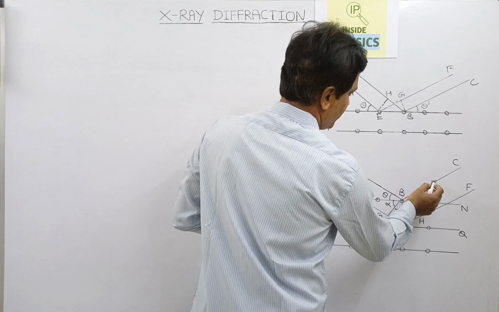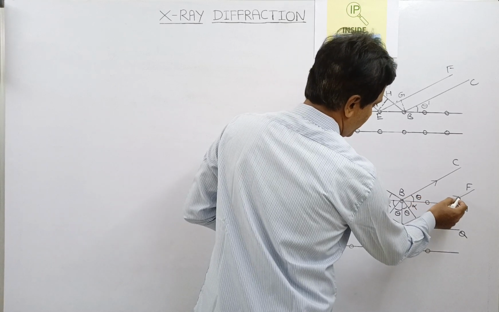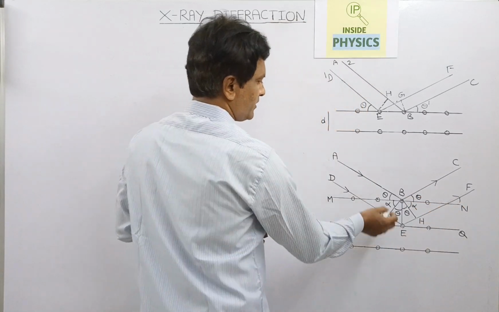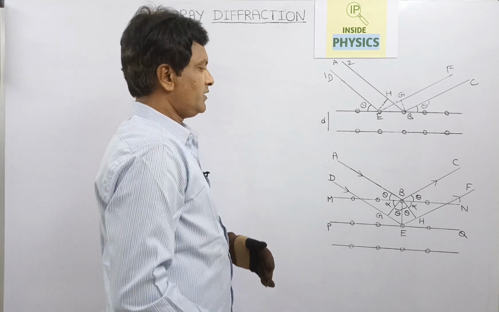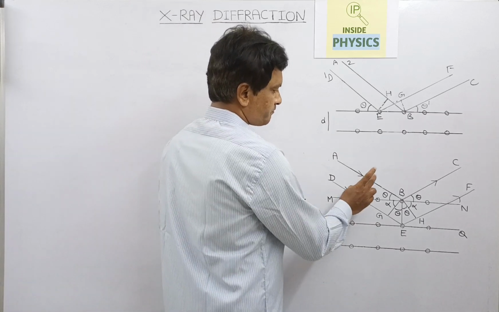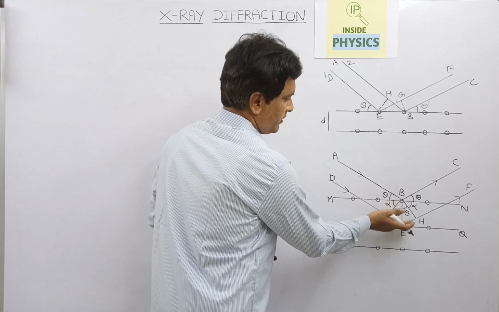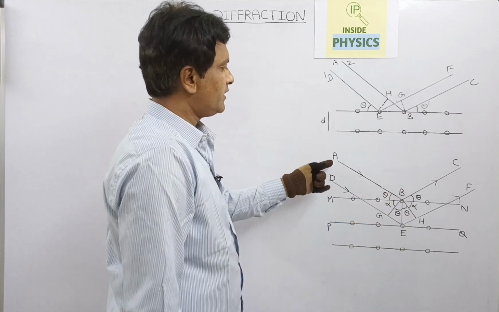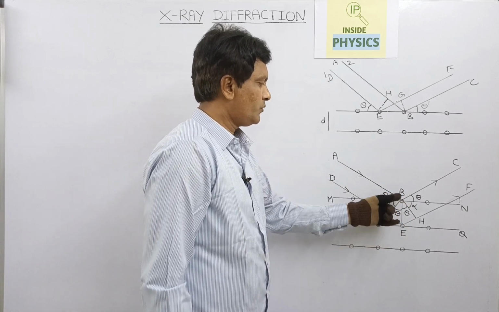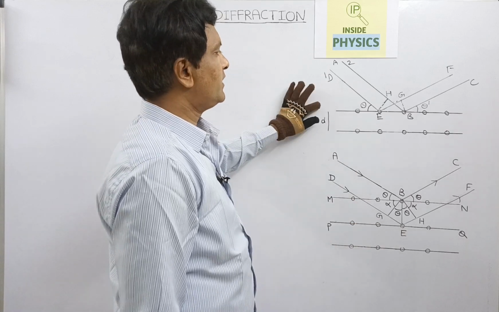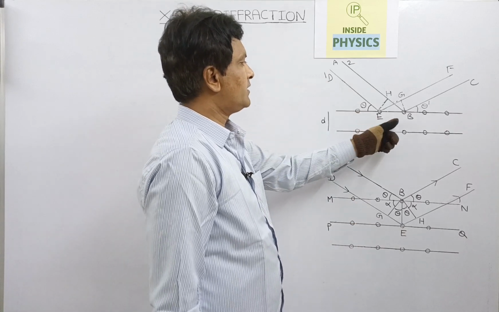This is the reflection after hitting the lattice sites. Here the difference is that the reflection is taking place between two planes, when the incident rays are incident on two different planes. In the earlier case it was incident on the same plane.